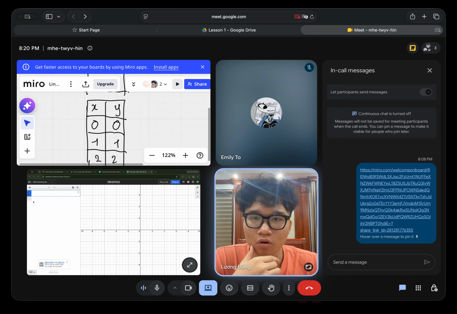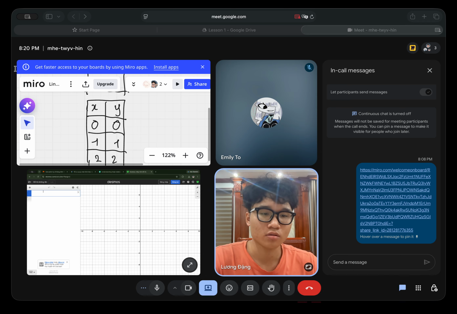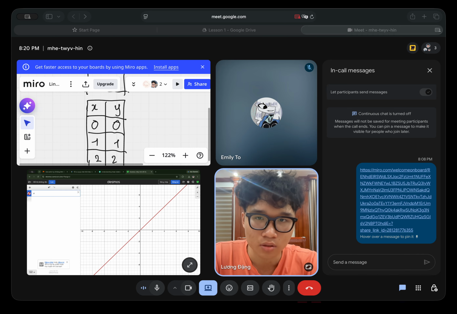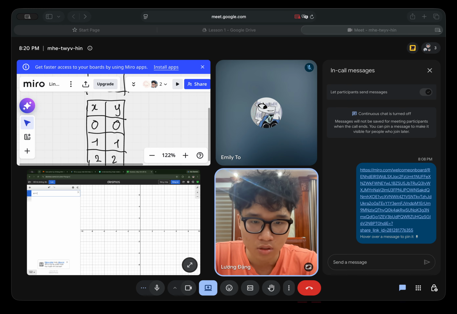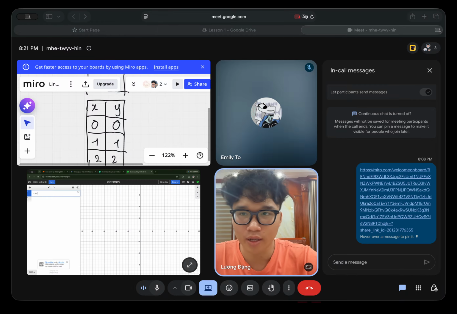Alright, so I'm gonna graph. This is the Desmos, which is the tool you can use in the exam room. And here I'm gonna graph the equation y equals x.